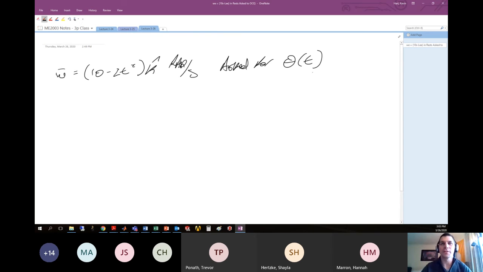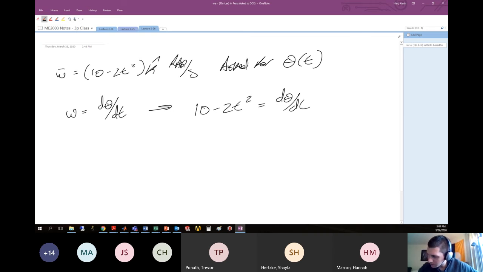To figure this out, we're going to leverage our kinematic relationships, which we talked about yesterday at the beginning of lecture, and say that the angular velocity is the first time derivative of the position. So we can say that 10 - 2t squared is equal to d theta dt.